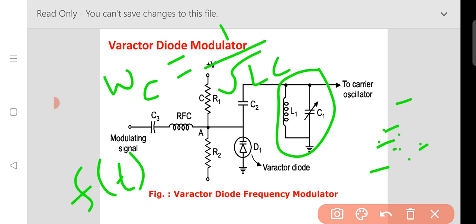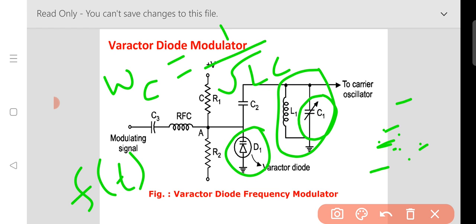The frequency of this voltage control oscillator varies in accordance with the tuning value of the capacitor. Here the capacitor is employed by shunting this inductor, and it is also employed in shunt with our actual diode circuit.